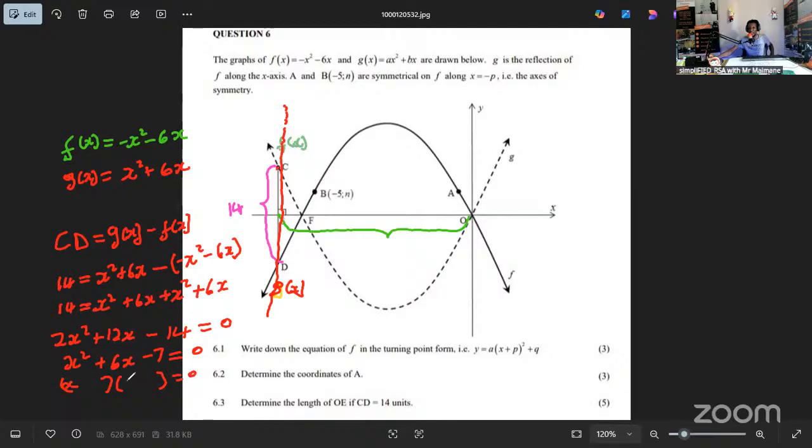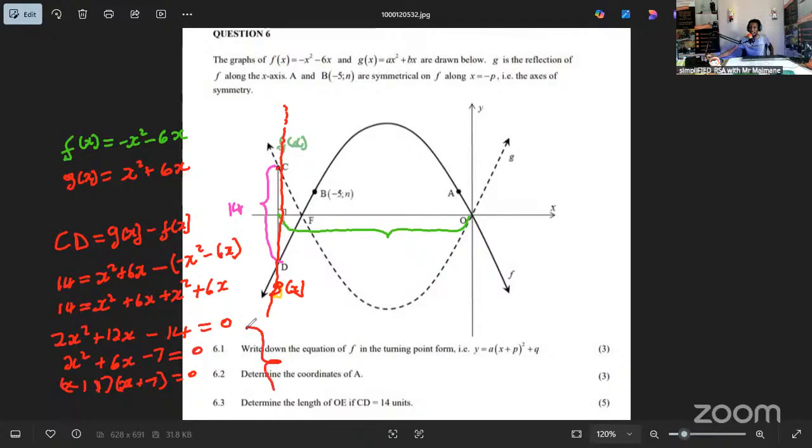We're going to have x and x, 7 and 1, positive and negative. The 7 has to be positive because the middle number, which is 6, is positive. So it will be x plus 7, x minus 1.